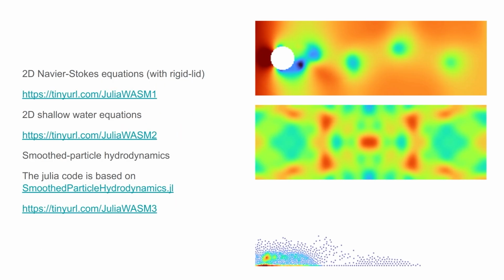So here are some examples. The first examples that I implemented are the 2D Navier-Stokes equation, the 2D Shallow water equation, and the smoothed particle hydrodynamics. All with a very similar approach.